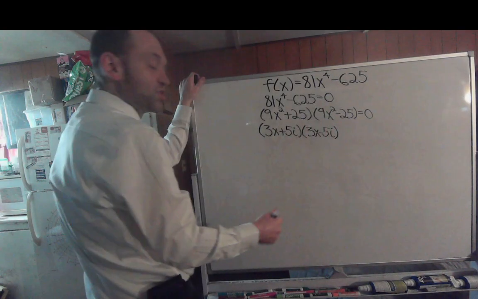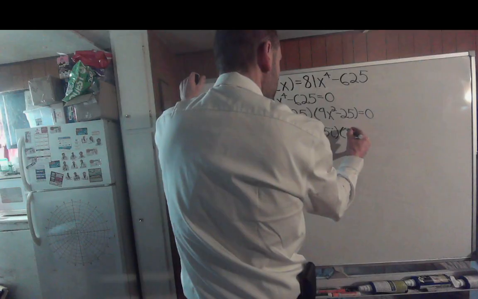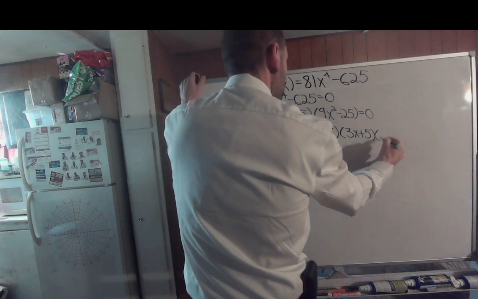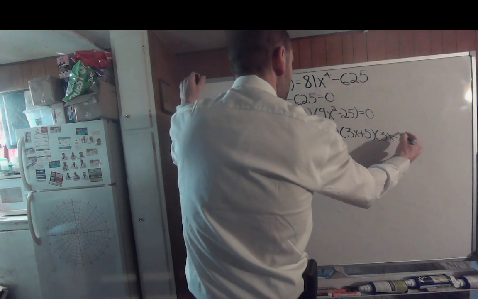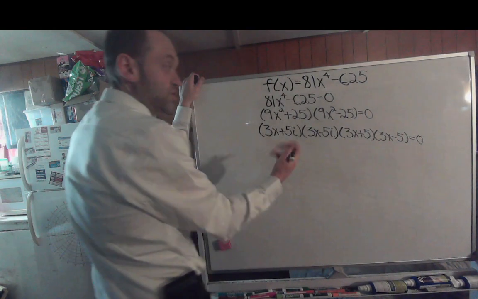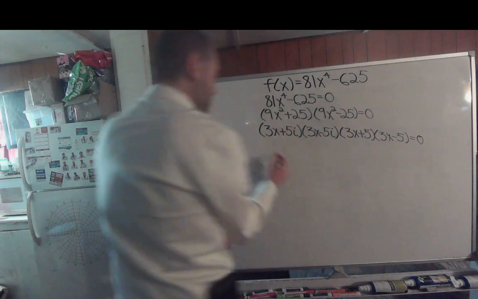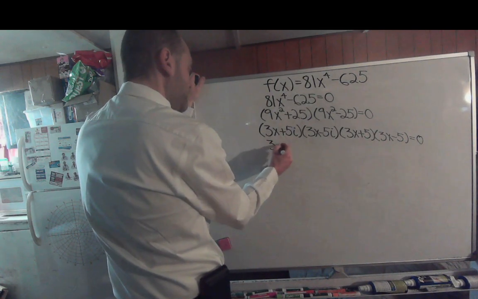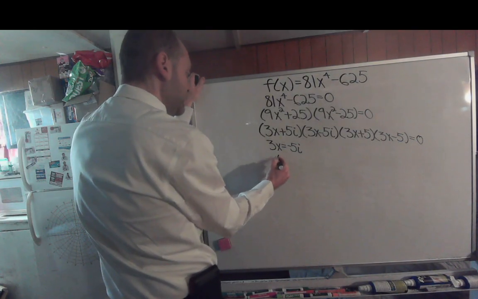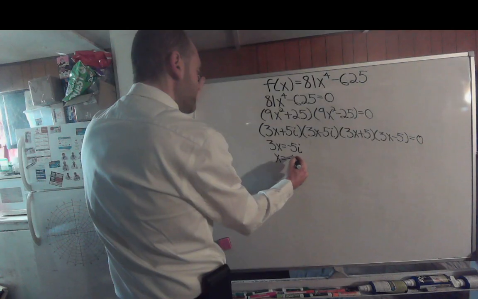Then that 9x squared minus 25 would factor into 3x plus 5 times 3x minus 5. All that would equal 0. Now you just set each of your factors equal to 0. So 3x would equal negative 5i, which means x equals negative 5/3 i.